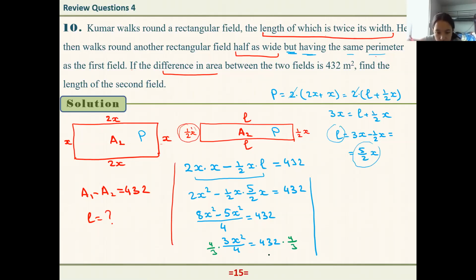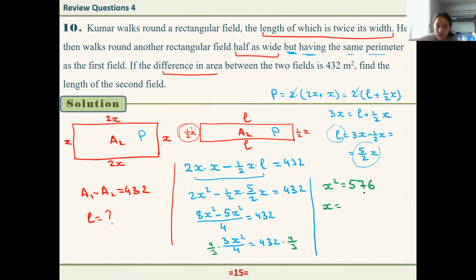So that here, the 4 cancels, the 3 cancels. So x squared equals, on the right-hand side, 432 times 4 divided by 3, which is equal to 576. So what is x here, Shahina?